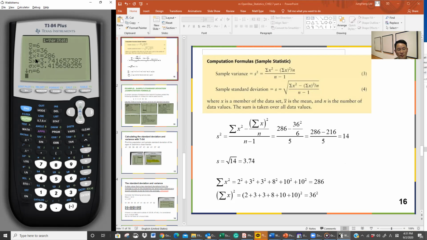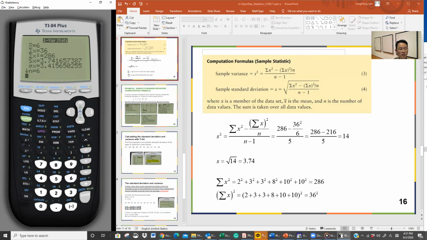And they give you 2 options. This S means this is sample data. This is sigma, which means if you think this is population data, this would be the standard deviation for that data. They didn't give you the variance though.